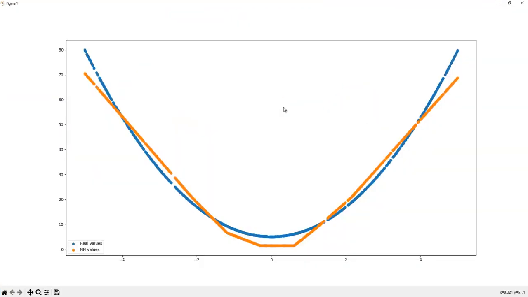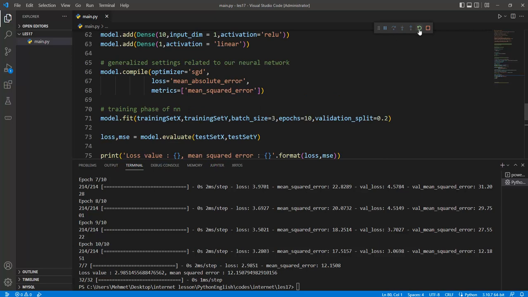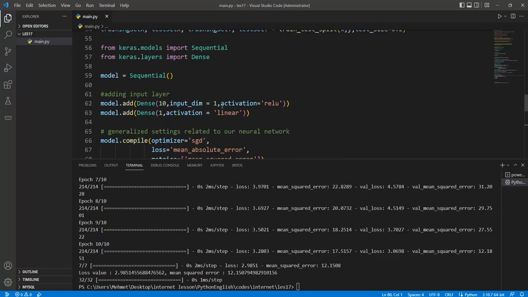For example, the real values are printed in blue, and the yellow represents our neural network results. Our neural network is converging toward the real results, but it's not enough in this case. So how can we improve our results?